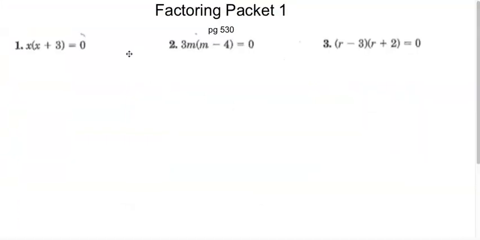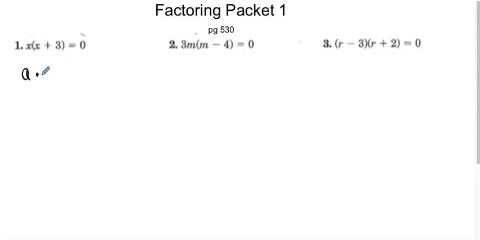All right, here's the first one. In this packet, this is going off one of the lessons, setting the factors equal to 0 right before factoring. If we have x times the quantity of x plus 3 equals 0, and it's asking you to solve this, there are two factors here.